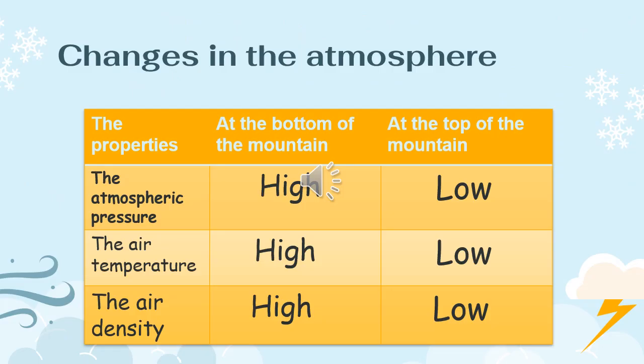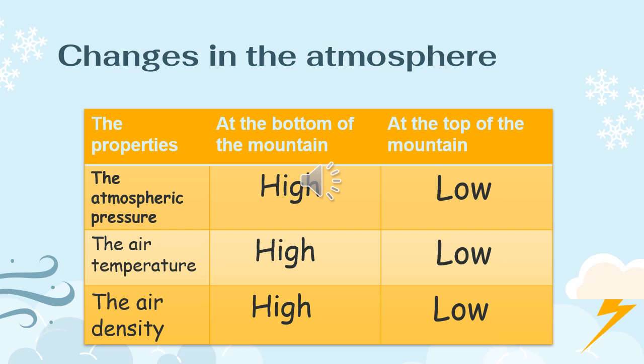You know that each part of the mountain has its own properties. The bottom of the mountain has high temperature, high atmospheric pressure, and high density, while the upper part of the mountain has low temperature, low atmospheric pressure, and low density.